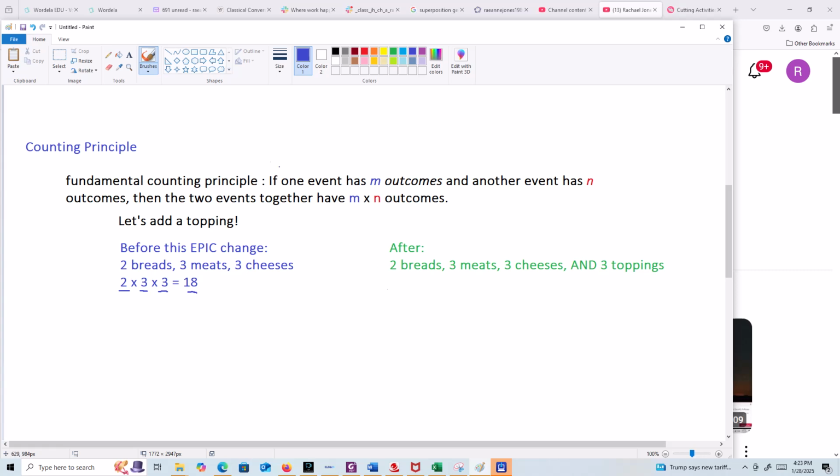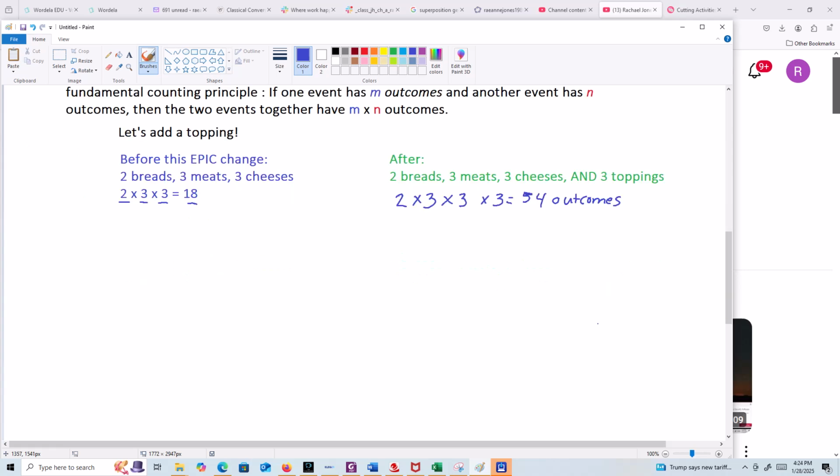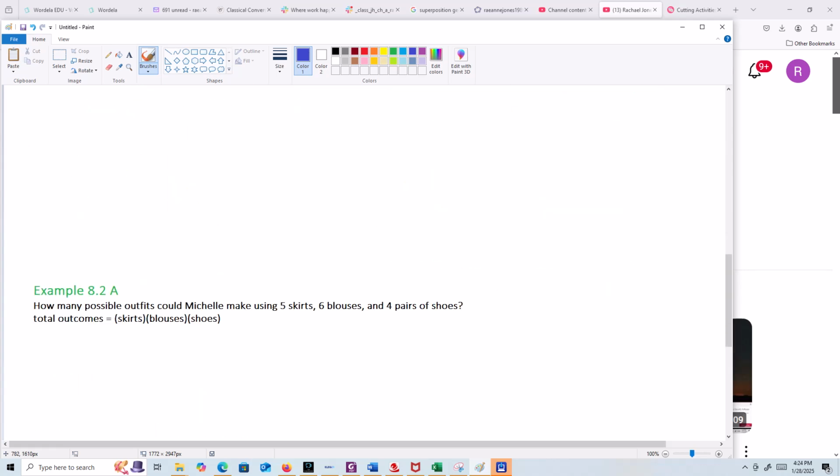So we will simply do 2 times 3 for the 3 meats times 3 for the cheeses times 3 for the toppings. 18 times 3 is 54. 54 outcomes. And we came to that pretty quick without having to go through all that fun counting.